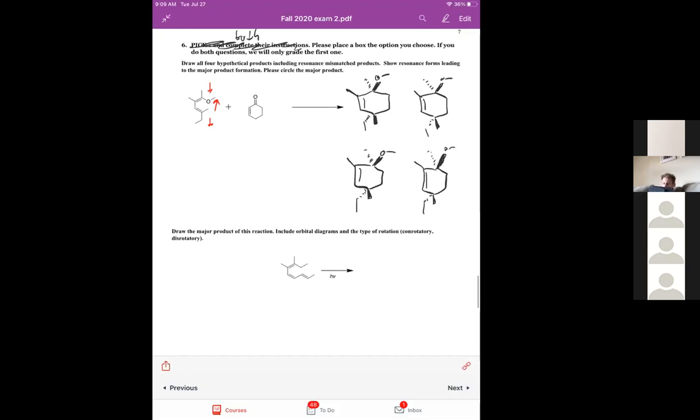Okay, now we're filling in our dienophile portion of it. We're going to start with facing them, putting them down and keeping it in the orientation it's in. This will give us an endo product.